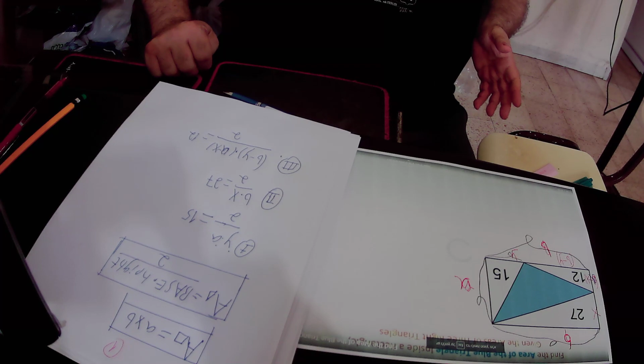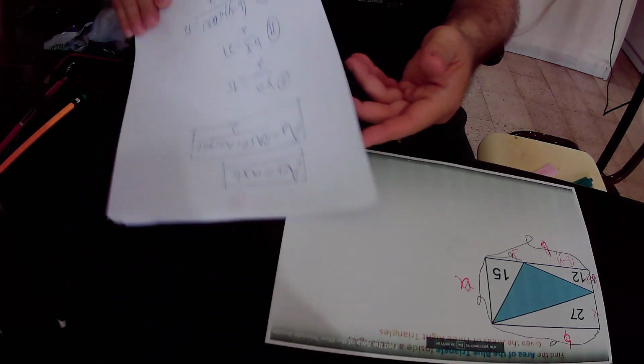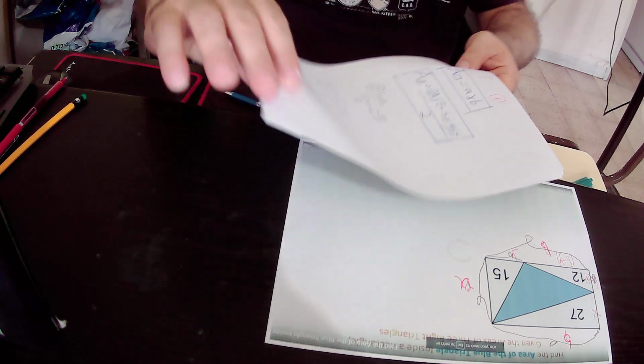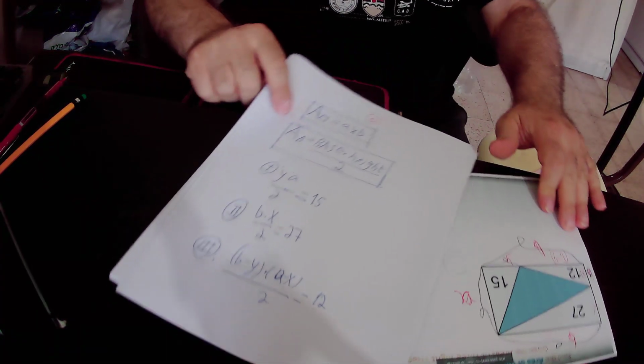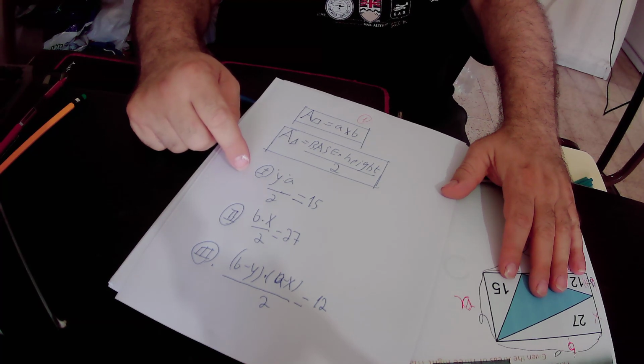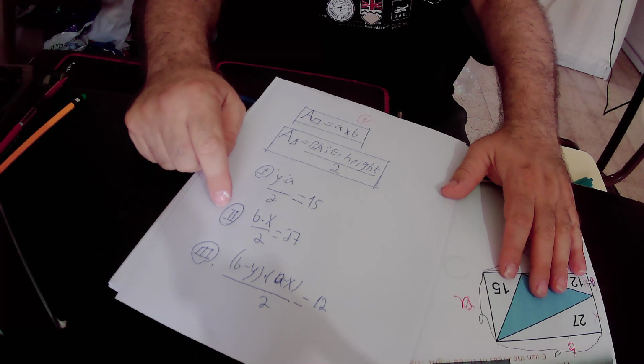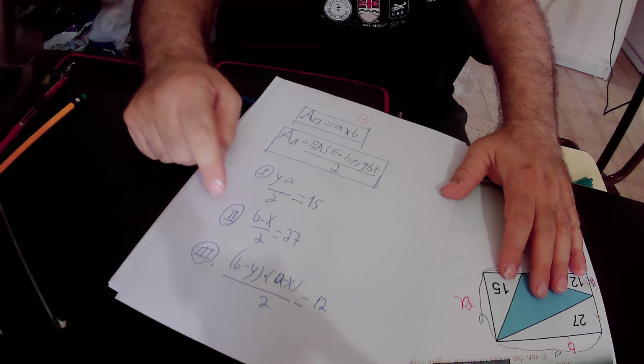In the next step, we will take x and y out of their equations. We will take first of all y out of the first equation, and then we will take x out of the second equation.